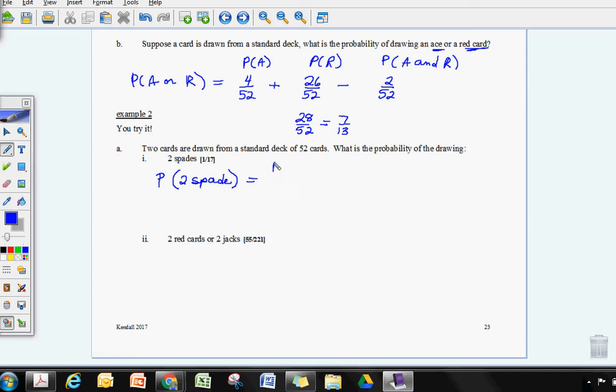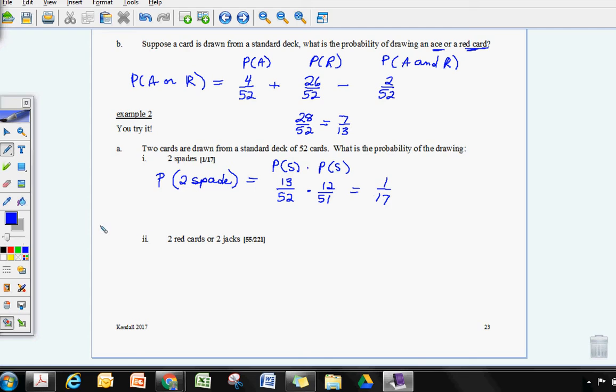This is the probability of a spade times the probability of a spade. So I know that means I had 13 out of 52 for the first draw, and now I'm left with 12 out of 51 for the second card, which would simplify down to 1 over 17.